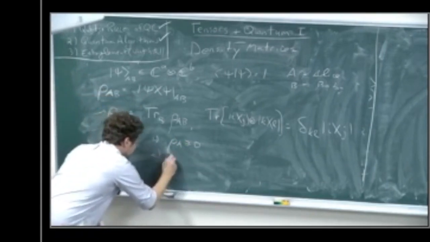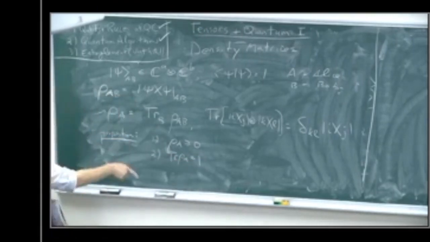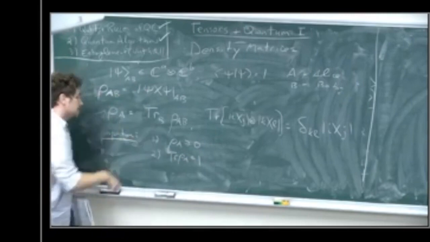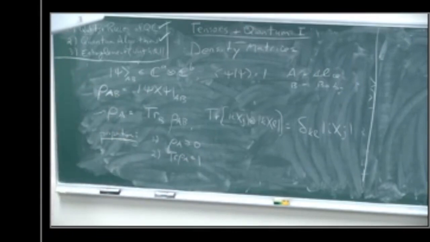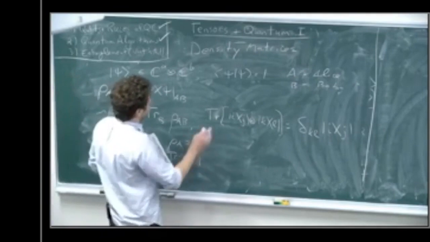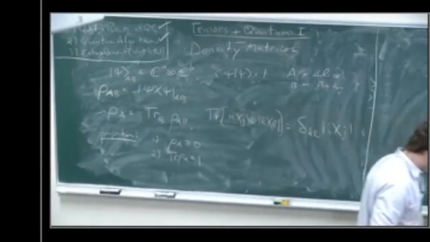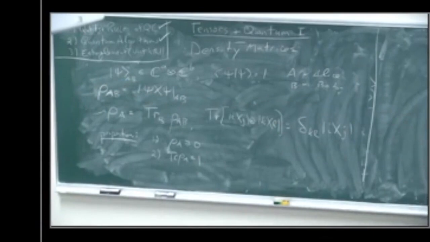And second, it has trace 1. The same is actually true for rho AB, and it inherits these basically from rho AB. So in order to talk about entanglement, first we had to talk about density matrices, and the second thing we have to talk about is a little bit about measurements.